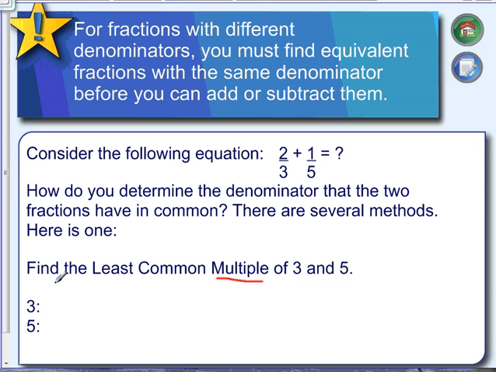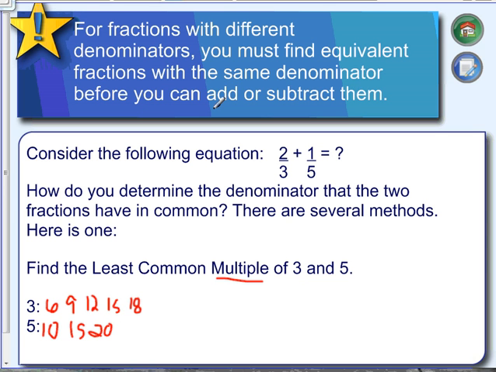So the multiples of 3 would be 3, 6, 9, 12, 15, 18, so on and so forth. All right. Then our multiples of 5 would be 5, 10, 15, 20, you get the picture.